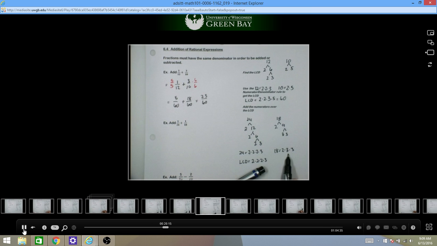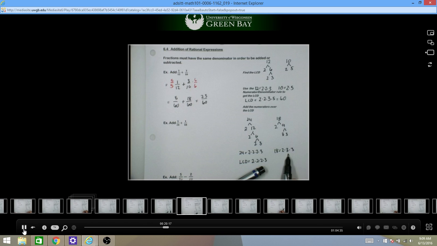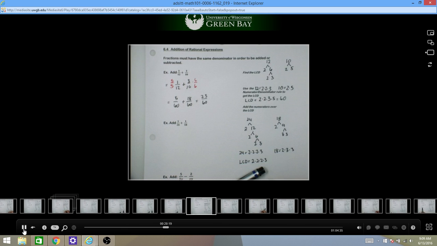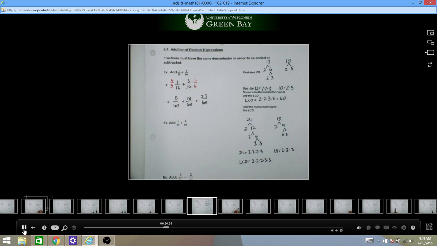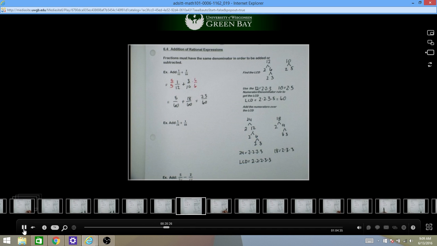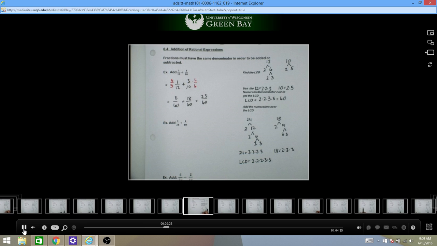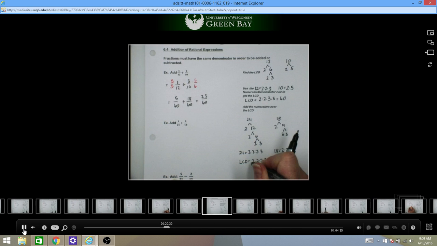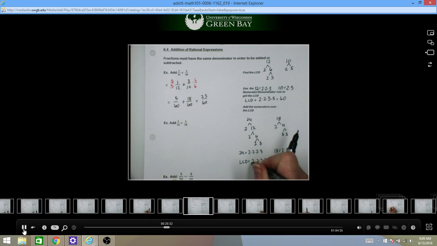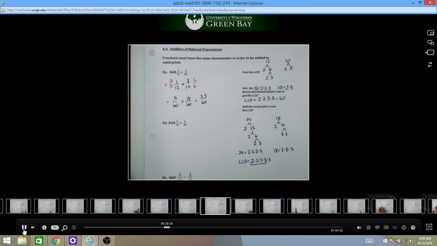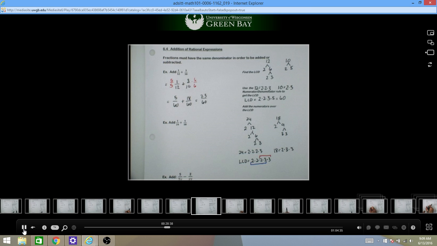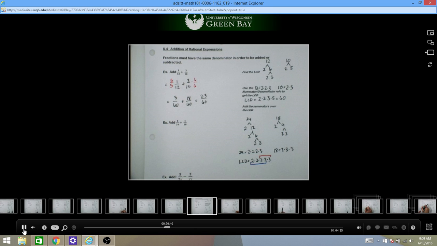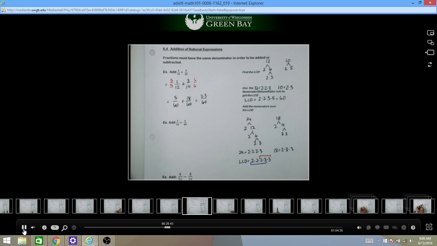I only have one 3, so I'll put another 3. So the least common denominator is the smallest denominator that contains all the other denominators as factors. So here's the 2 times 2 times 2 times 3 from the one denominator, and here's the 2 times 3 times 3 from the other. That's not the only way when you have numbers, but that's what we're going to use when we have polynomials. So we're getting some practice in.